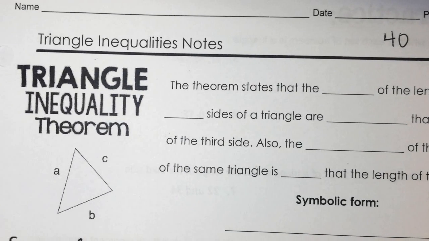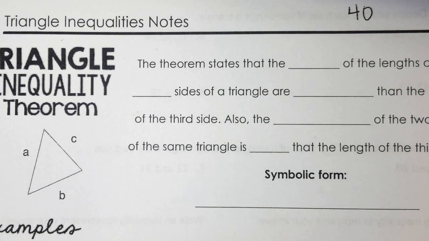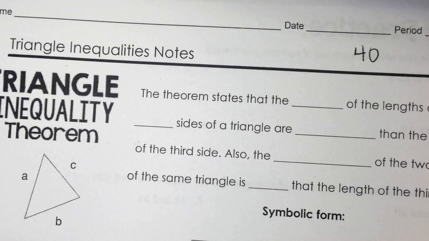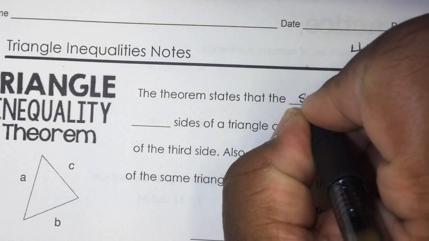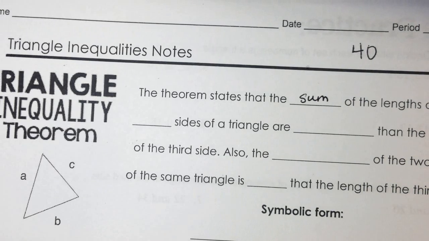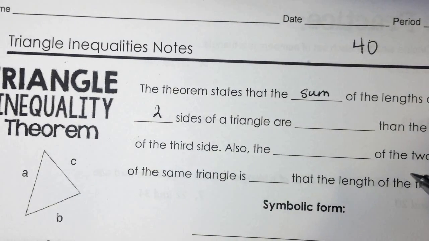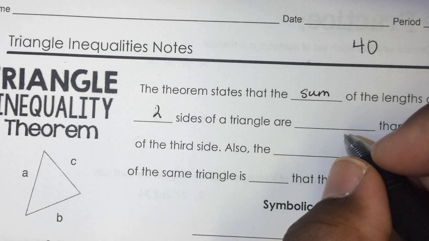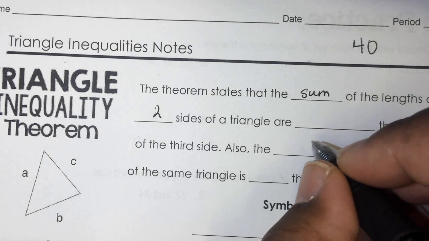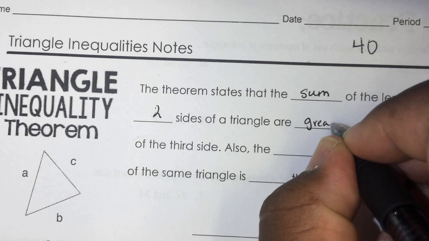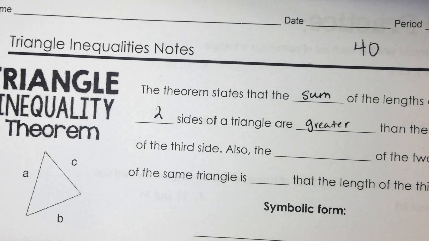So the triangle inequality theorem states that the sum of the lengths of any two sides of a triangle is greater than the length of the third side.